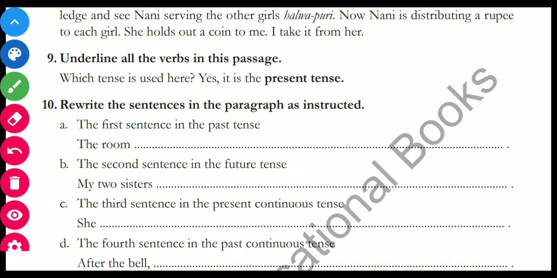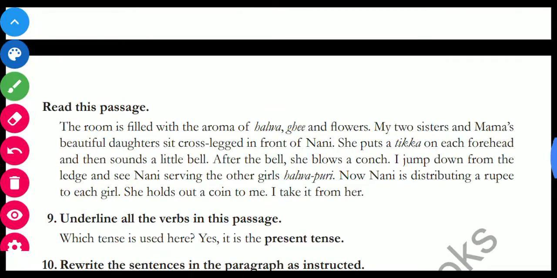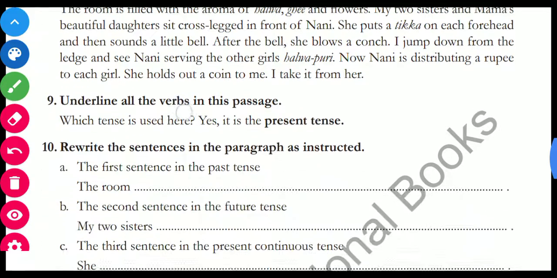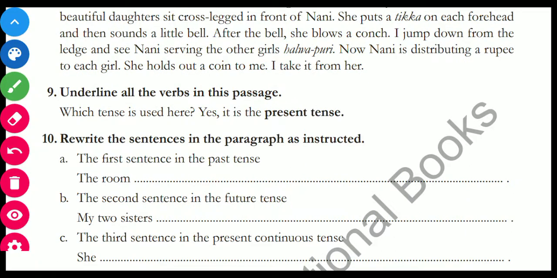Okay, coming to next, the second sentence in the future tense. So we have to change the second sentence in the future tense. What is the second sentence? My two sisters and mama's beautiful daughters sit cross-legged in front of Nani. So what if I want to change it into future tense, then the sentence would be my two sisters and mama's beautiful daughters will sit. Why?